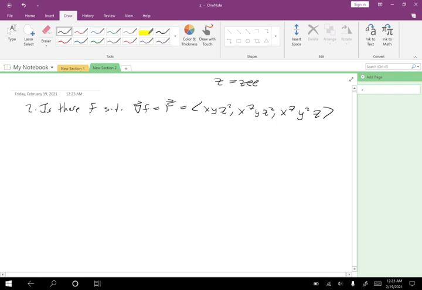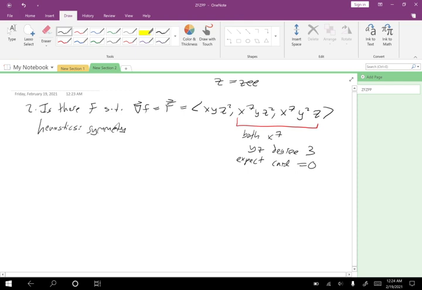So let's again use our heuristics, and look for symmetry of the vector field. Notice we can immediately spot symmetry for these last two components. They both have x to the 7th, and the y and z parts are of degree 3, because it's just yz squared or y squared z, depending on which we differentiated. So we expect the curl to be equal to 0 for these two terms.